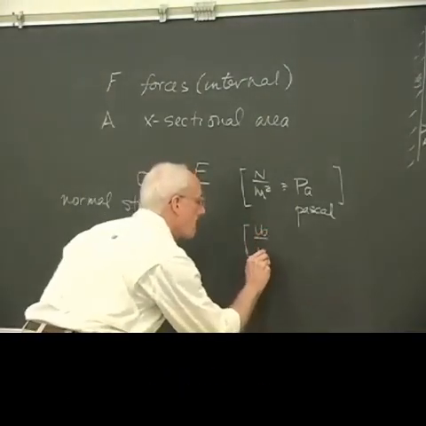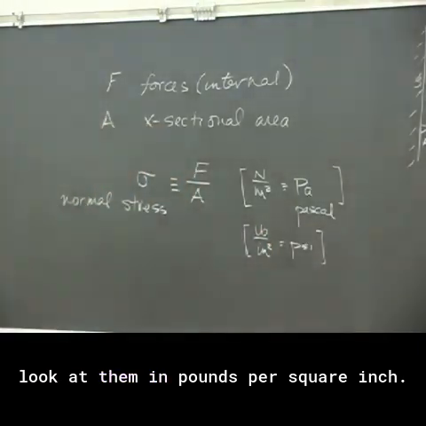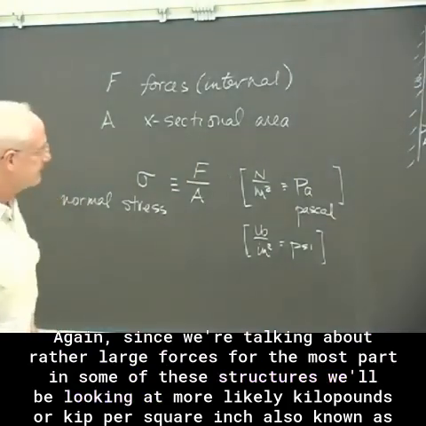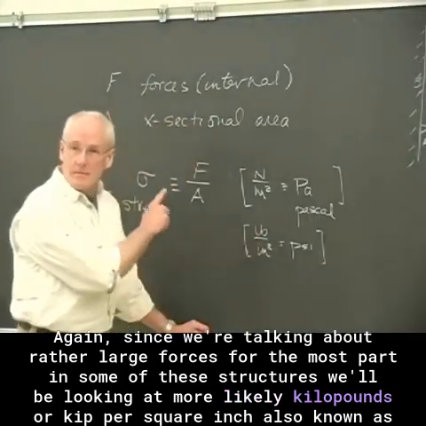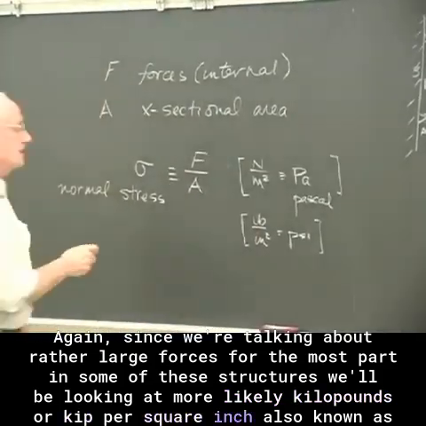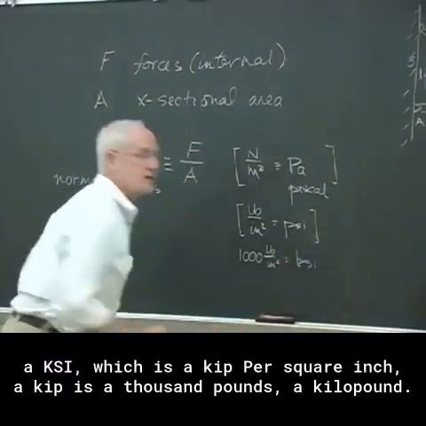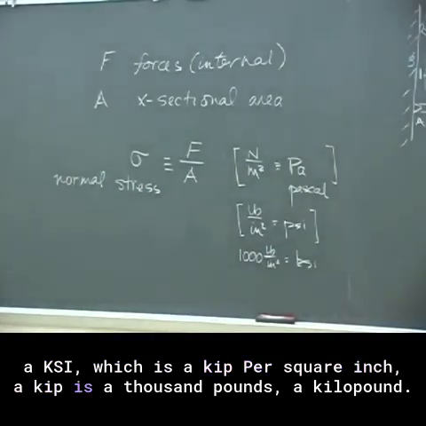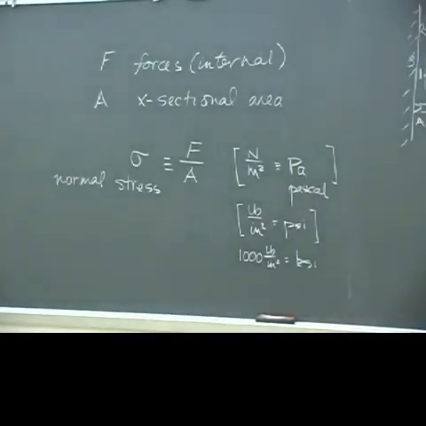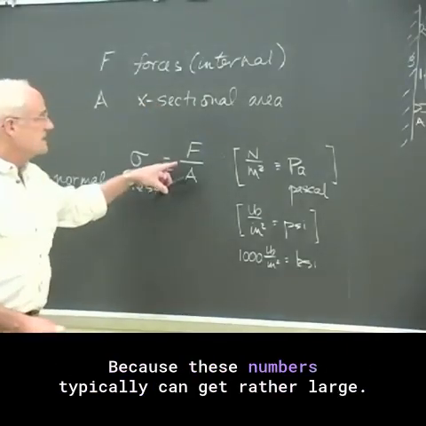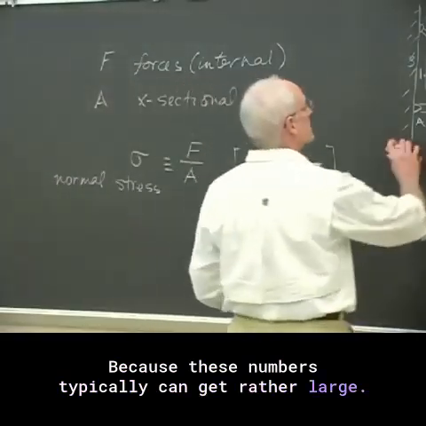Typically, look at them in pounds per square inch. Again, since we're talking about rather large forces, for the most part in some of these structures, we'll be looking at more likely kilopounds or kip per square inch, also known as a KSI, which is a kip per square inch. A kip is 1,000 pounds, a kilopound. We're going to have to get used to some slightly different units because these numbers typically can get rather large.